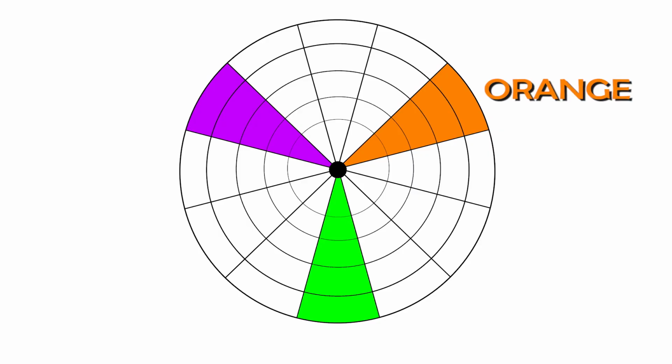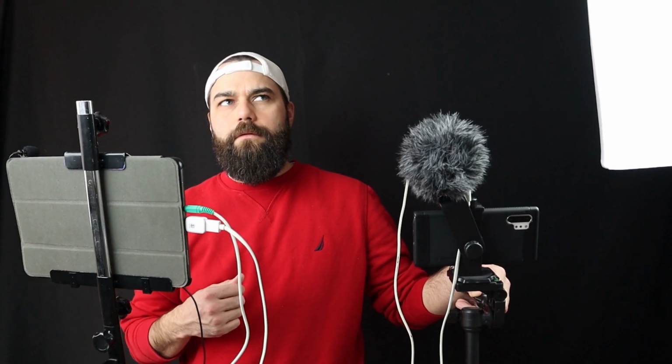Wait, so does that mean that all other colors are secondary colors? Well, not quite. Secondary colors are just colors that can be made by putting any two primary colors together. Those colors are orange, purple, and green. I get that, but just looking at a color wheel, aren't there more colors than just six? Oh yeah, there are. The color wheel consists of one more set.